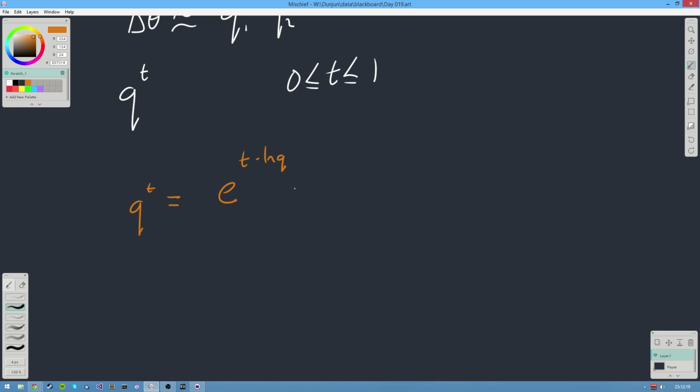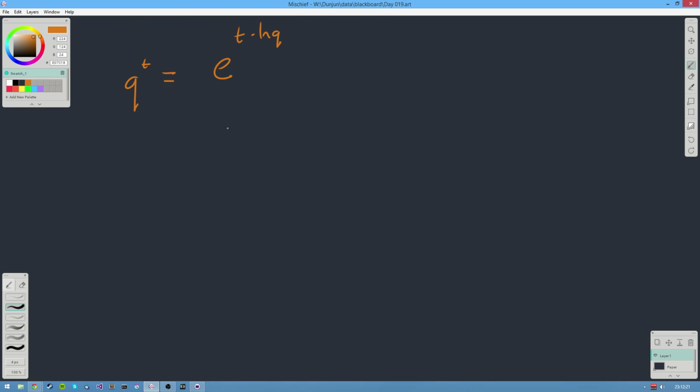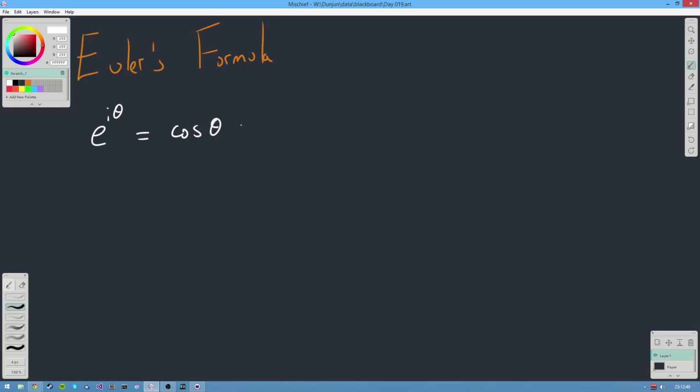Let's start somewhere else and go back to the famous equation I showed you, which is Euler's formula. We did this for complex numbers, where e to the i theta equals cosine theta plus i sine theta.